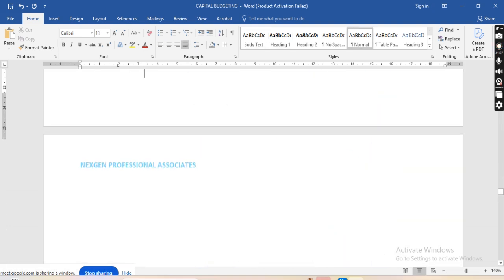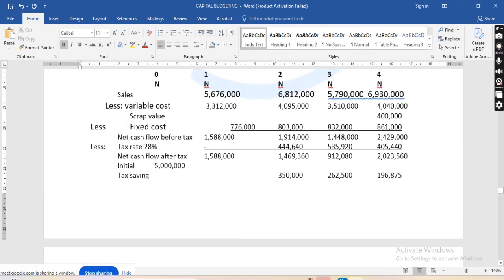If this is the tax savings, so now what do you have here? This will be 5 million, right? So this will be 1,588,000 in bracket. Please add the year 2 together. What do you have? Because it is tax savings, right?